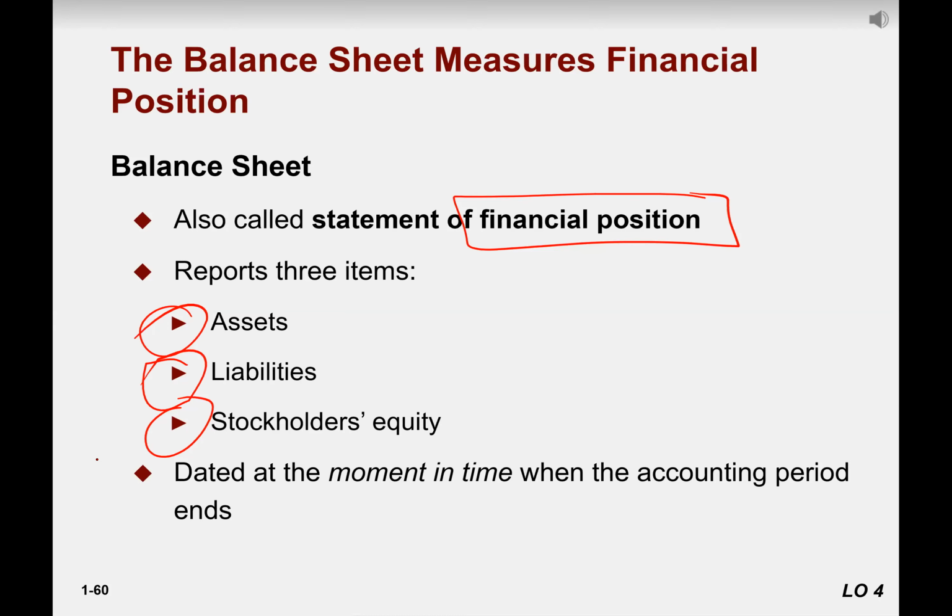But the most important thing is that it has to be dated at a moment in time when the accounting period ends. So if the balance sheet is at December 31st, and total assets are, for example, 200,000, what does it mean?